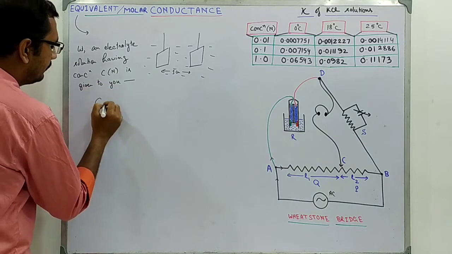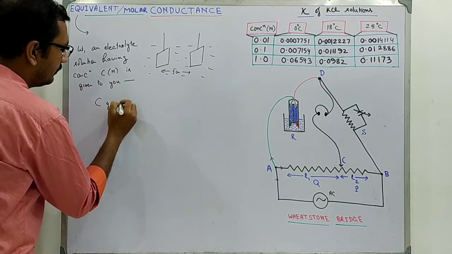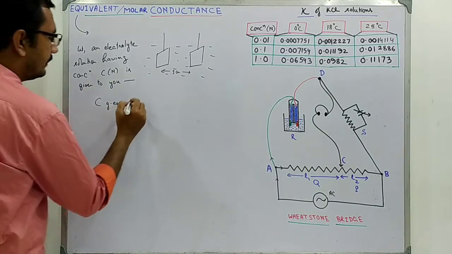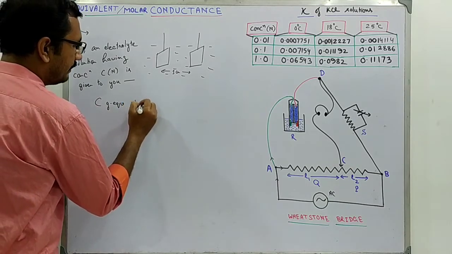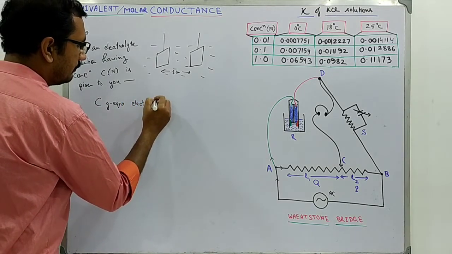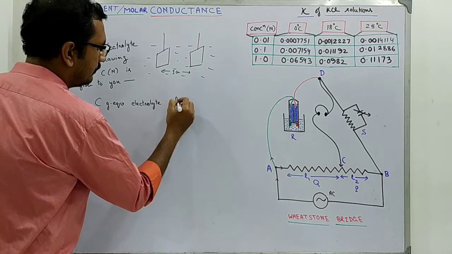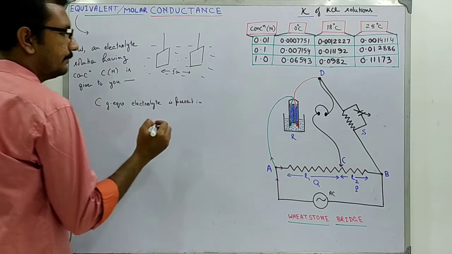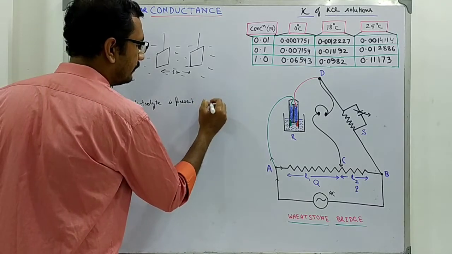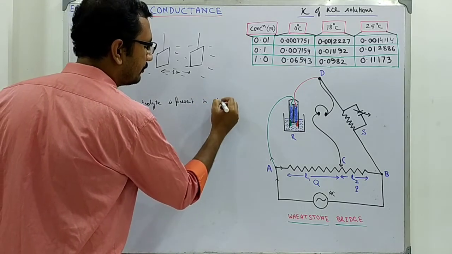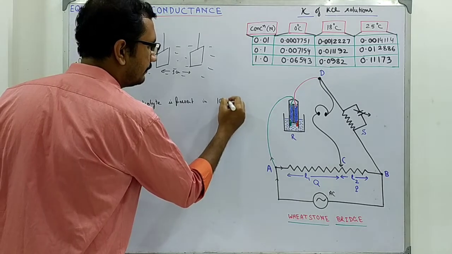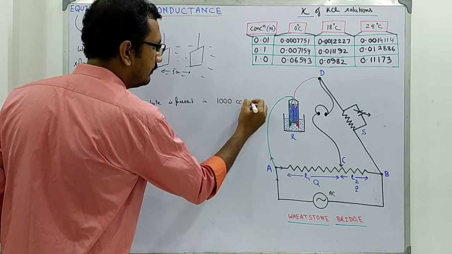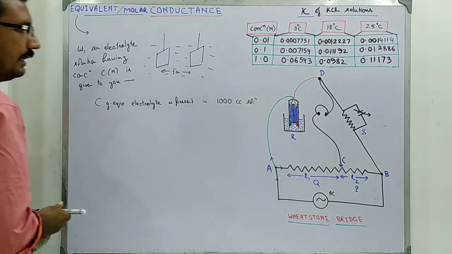So, it means C gram equivalent electrolyte is present in 1 liter of solution, that is 1000 cc electrolyte solution.